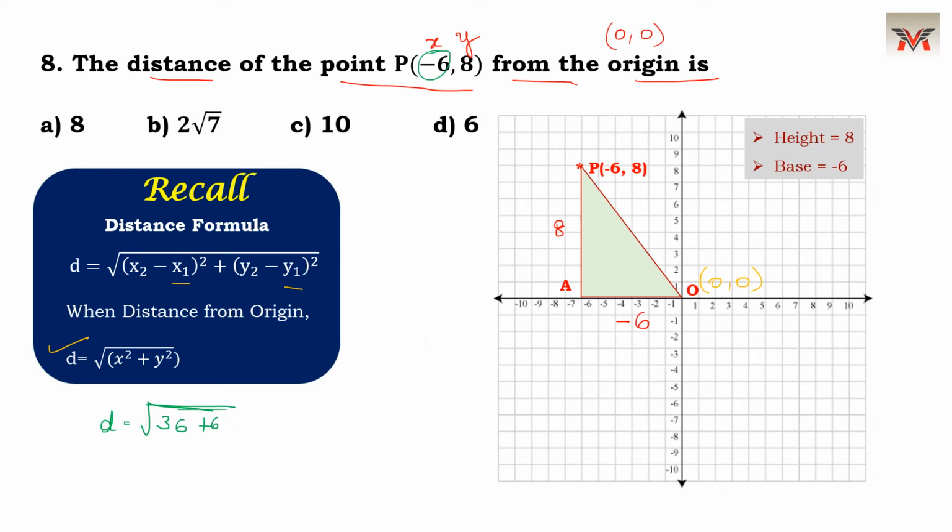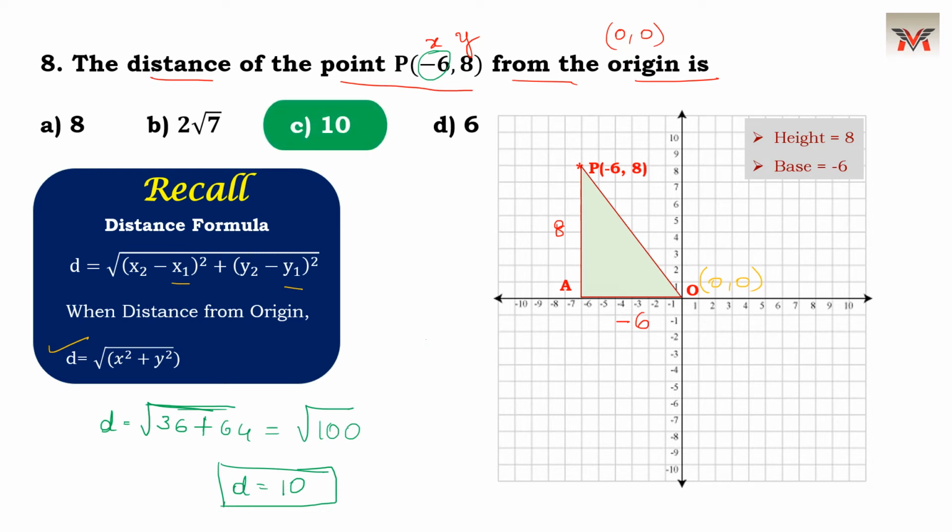So here, what's the answer we'll get? It is 36 plus 64, that is equal to square root of 100, and we are not going to take the negative sign here. Therefore, D is equal to 10 units. Correct? That is the answer. So answer is option C, 10 units.